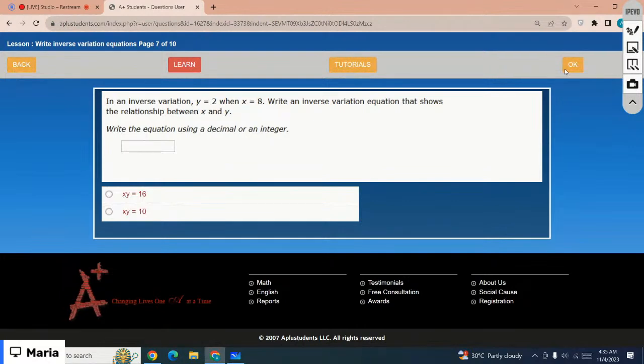In an inverse variation, y equals 2 and x equals 8. Write an inverse variation equation that shows the relationship between x and y. So, which is the correct option?